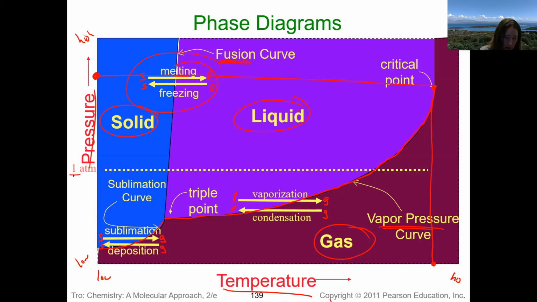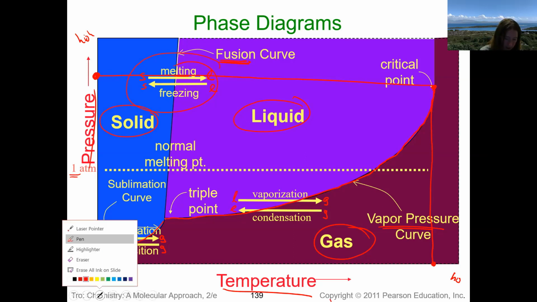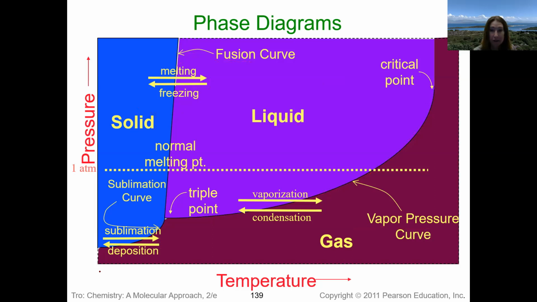So here's 1 atmosphere. When the pressure reaches 1 atmosphere, that would be our boiling point. So our normal melting point, let me just erase all this really quickly. Melting is going from a solid to a liquid. So here's us at sea level.